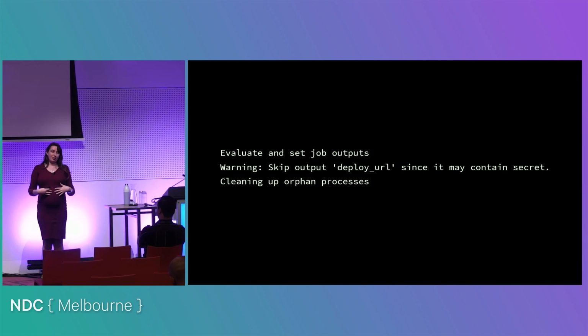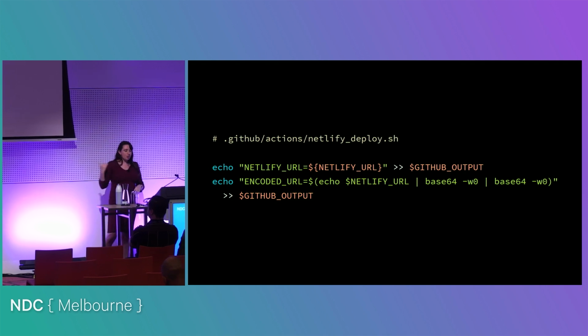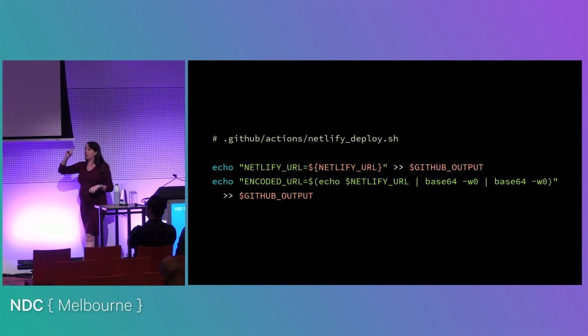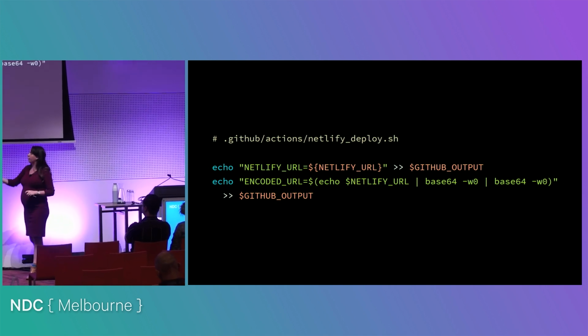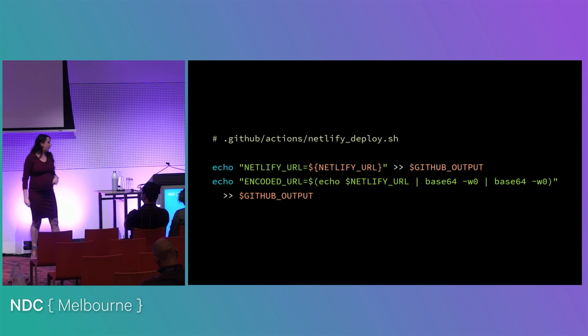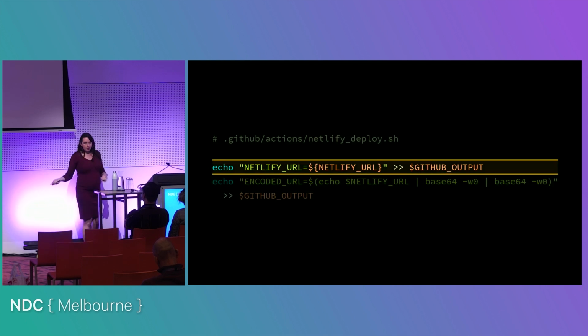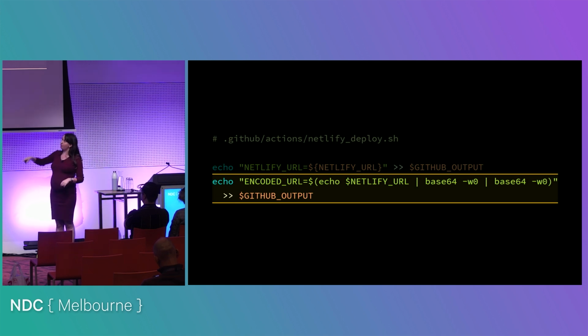Thankfully, I wasn't the only one, so somebody else has already figured out a solution for it. When Netlify finishes building the website, we can get the deploy URL, but then we can base64 encode it so that it doesn't seem to contain the site ID.